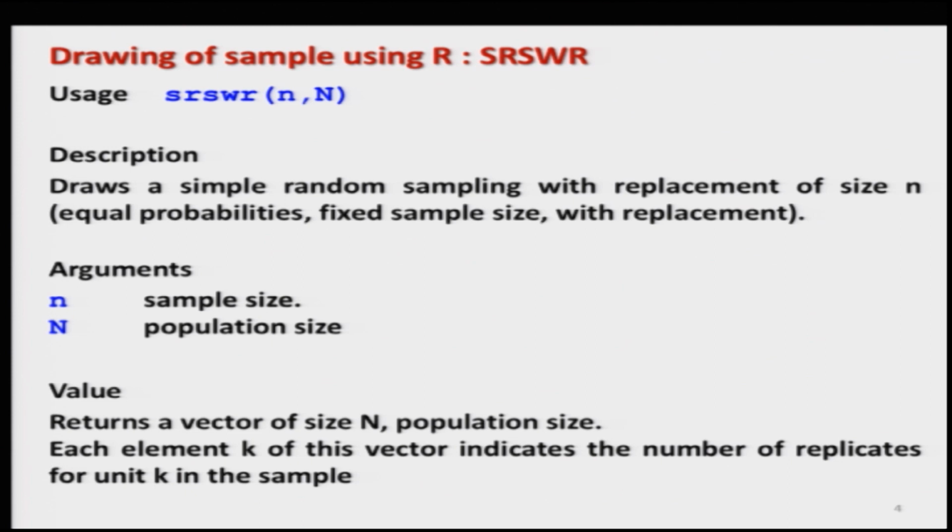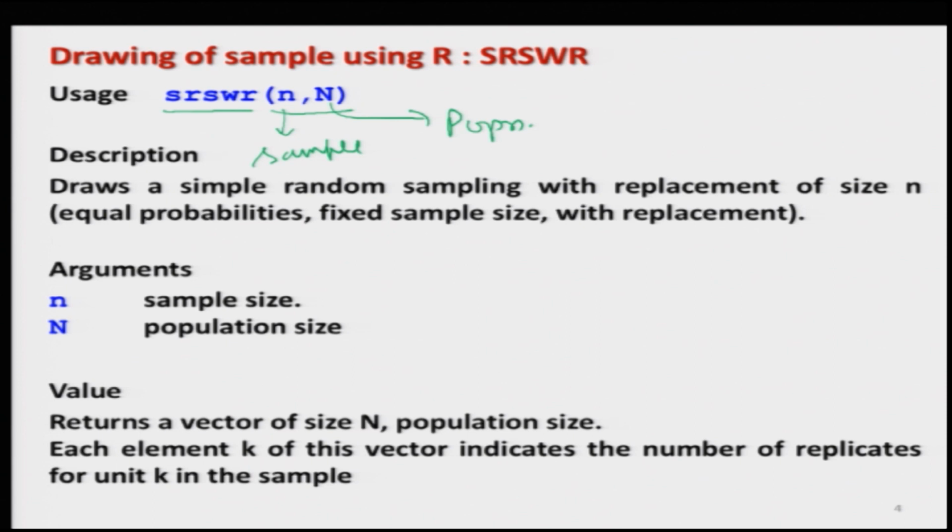But before going to the example, let us also see how one can draw the simple random sample with replacement. In order to draw a sample by SRSWR, the command is srswr, and inside the parenthesis you give small n and capital N, where small n is the sample size and capital N is the population size.